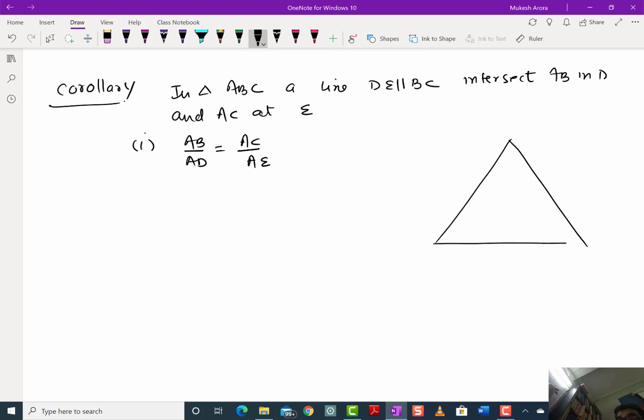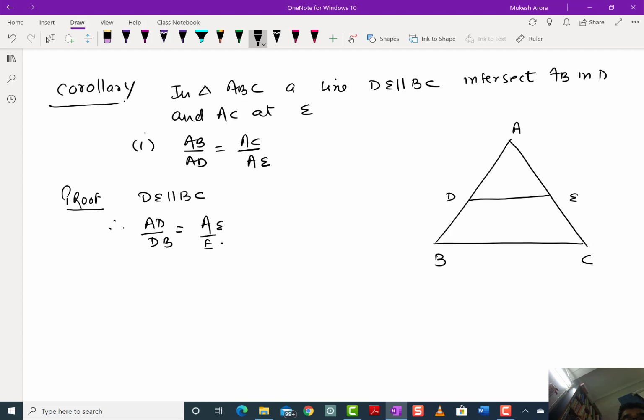Triangle ABC, D and E. As we know, DE is parallel to BC. Therefore, AD upon DB is equal to AE upon EC by the basic proportionality theorem.